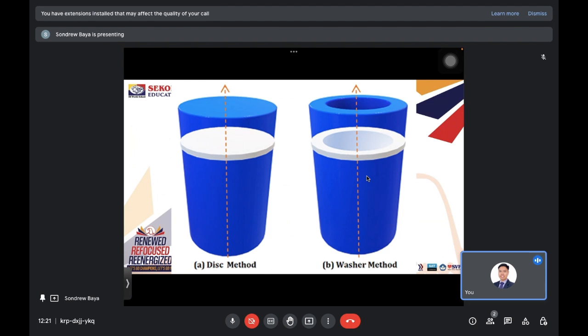Its shape rather looks like a washer. That's why most mathematicians call it the washer method. So this is the difference between the disk method and the washer method.